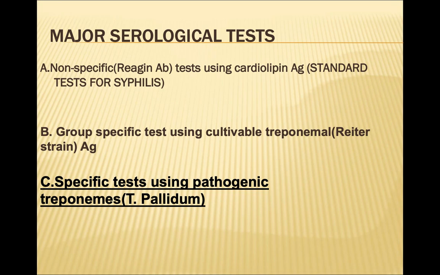Group-specific tests use the cultivable treponemes, that is the non-pathogenic strains of treponema, called Reiter's strain antigen. Specific tests normally use the pathogenic treponemes, that is Treponema pallidum.